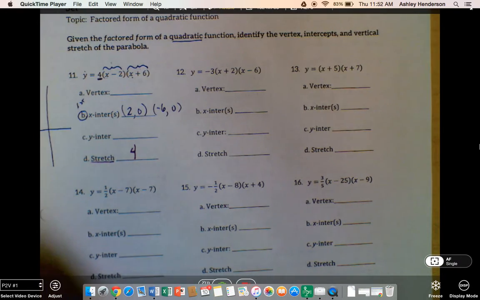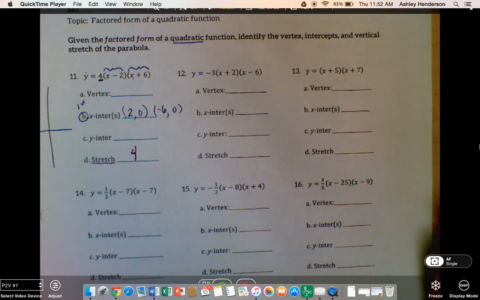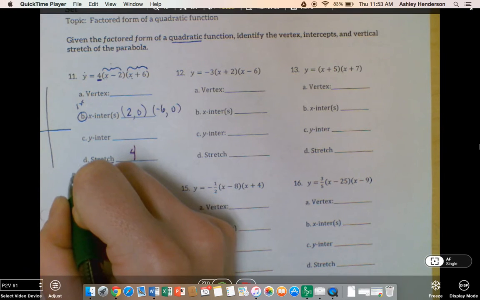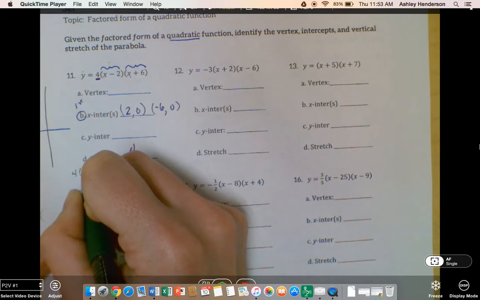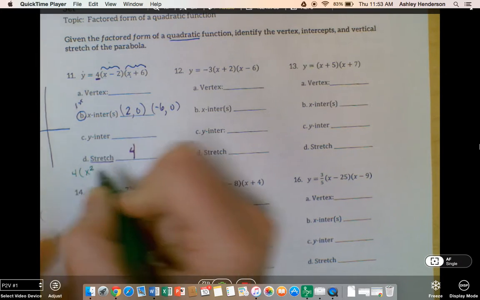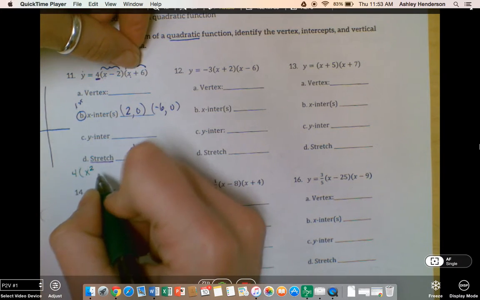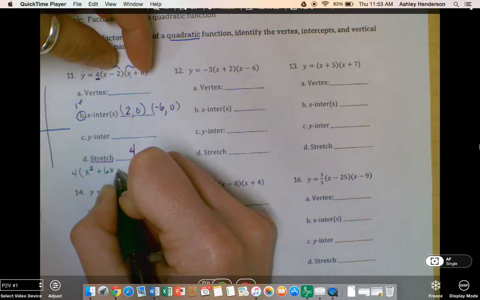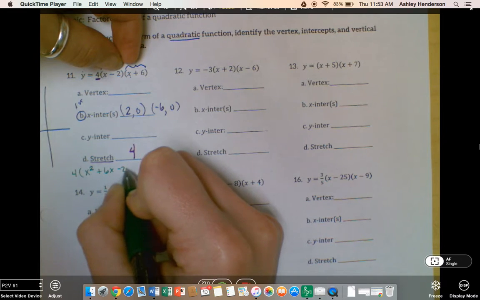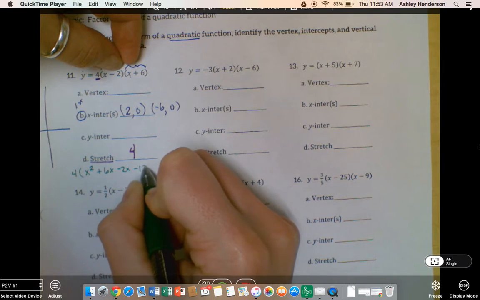My y-intercept could be found from standard form, so I could multiply this all the way out. I'll do it down here. 4 times x squared, so x times x gives me x squared, plus 6x minus 2x minus 12.